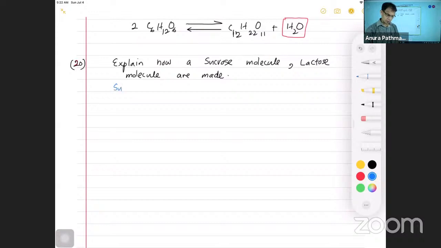Sucrose. What are the contributing things for sucrose? Glucose and fructose.